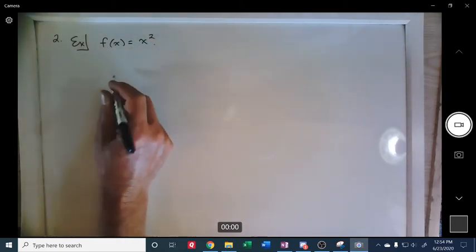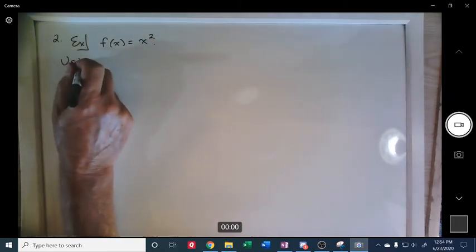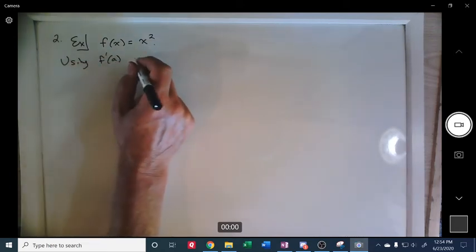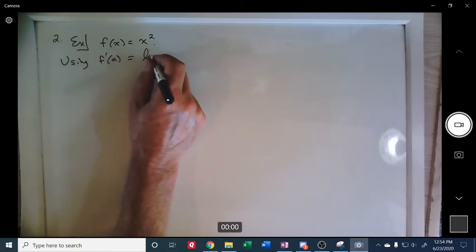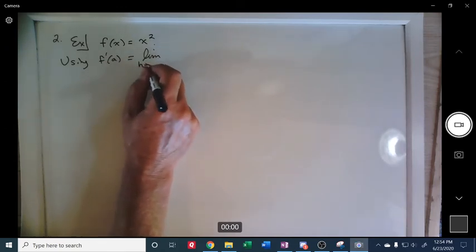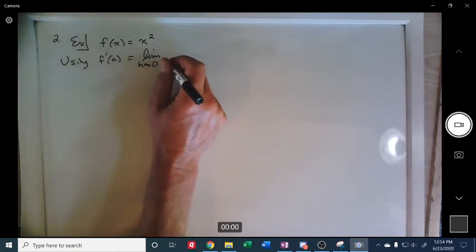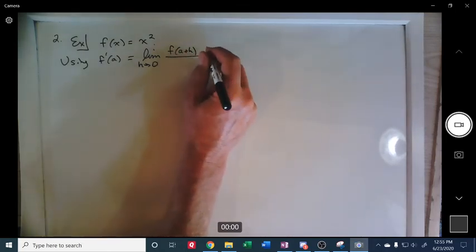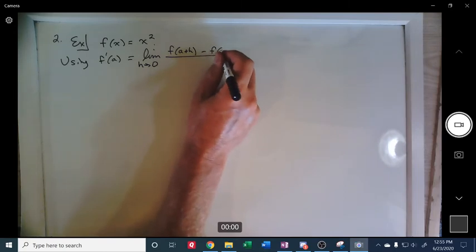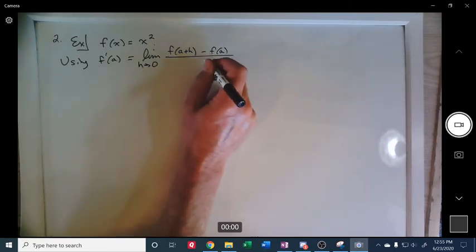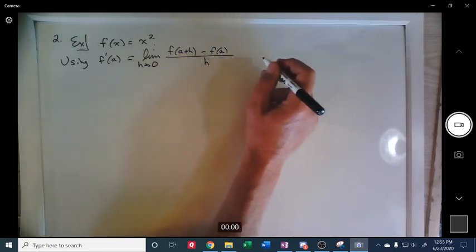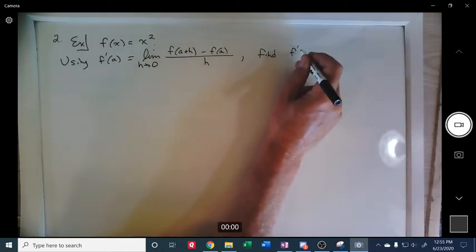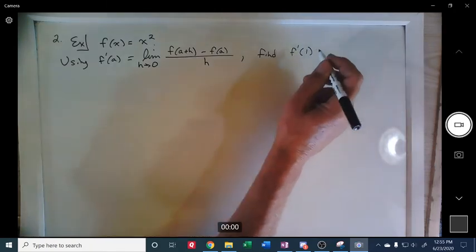Using the second definition, using f prime of a is equal to the limit as h approaches 0, f of a plus h minus f of a over h. Find f prime of 1.